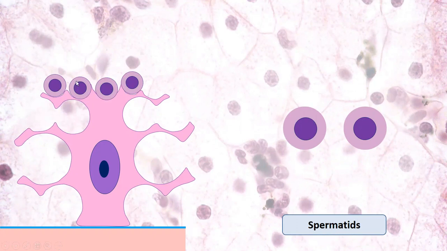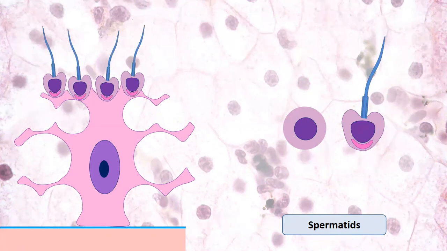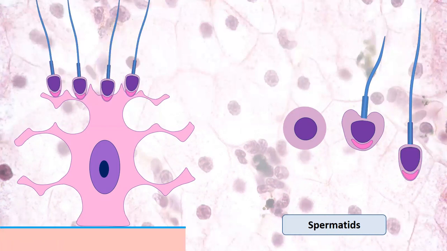Here we can see these spermatids. So during all the stages of spermatogenesis, cells are moving from the basal part of the spermatogenic epithelium to the lumen. It's the luminal compartment of the spermatogenic epithelium. And after that, spermatids change their shape. They become late spermatids, and after that they are separated and they are called spermatozoa.